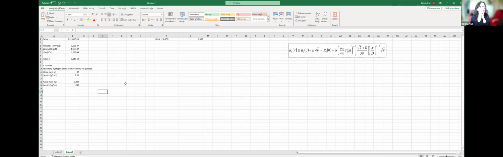So I know now that if I know this density, 1 cubic meter weighs 1,260 kilogram. This is what I know.